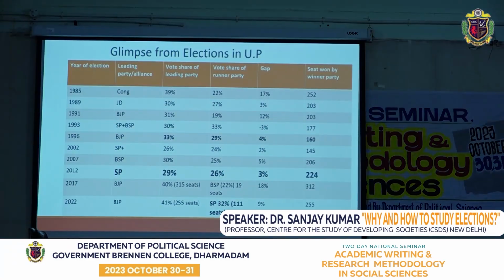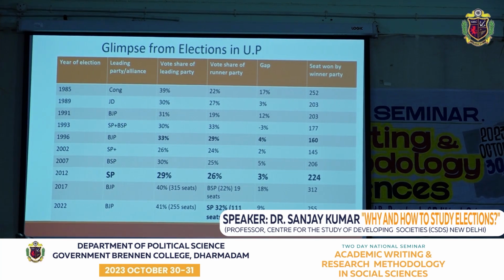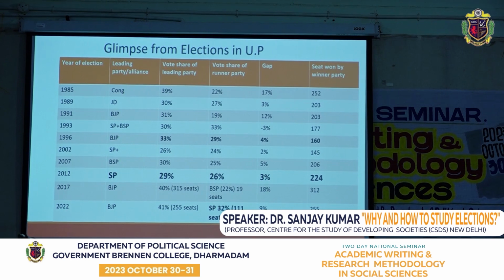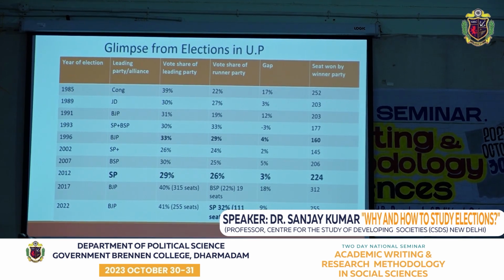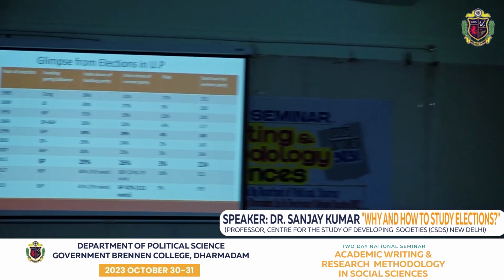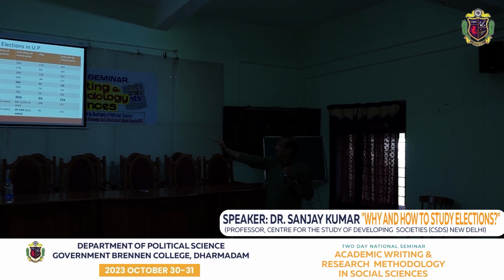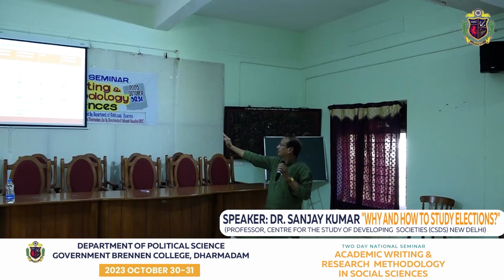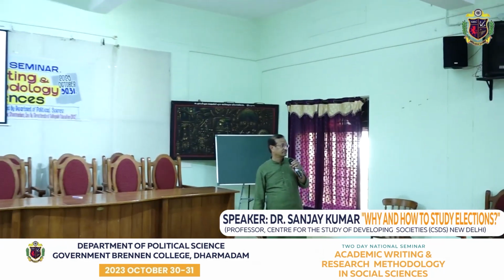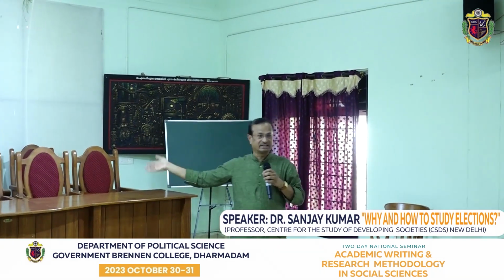BJP got 33% vote, so BJP is getting more votes, and ended up with 160 seats. This is the 1996 assembly election. So with 33% votes, a party gets 160 seats. Same state, same electoral system, everything remains the same. And Samajwadi Party gets 4% fewer votes, and they end up with 224 seats. This is not the only example.